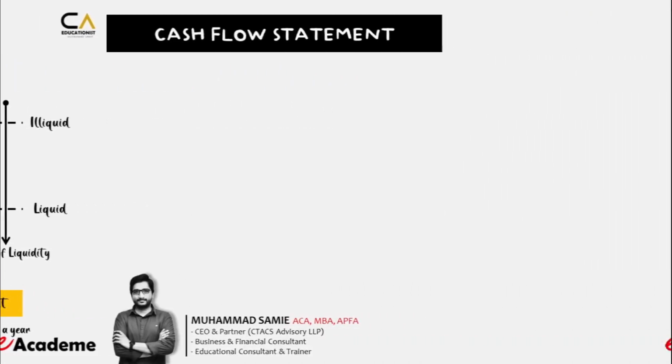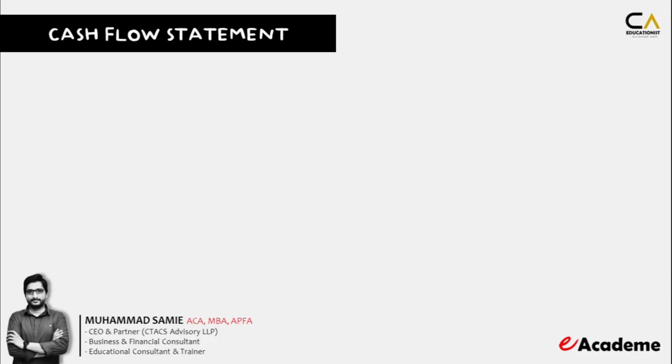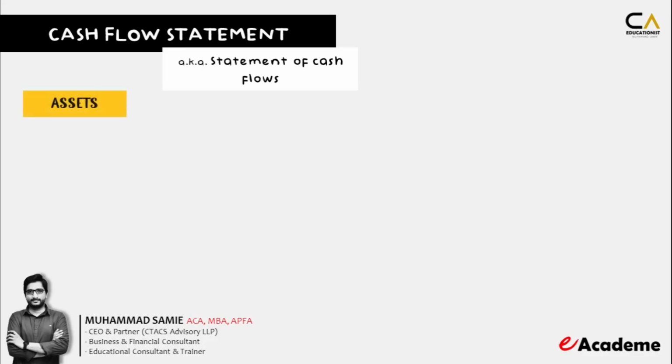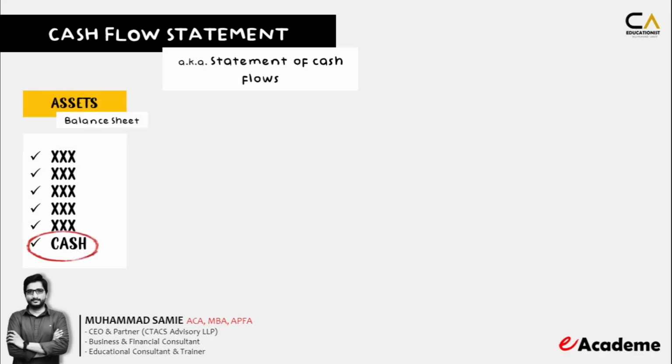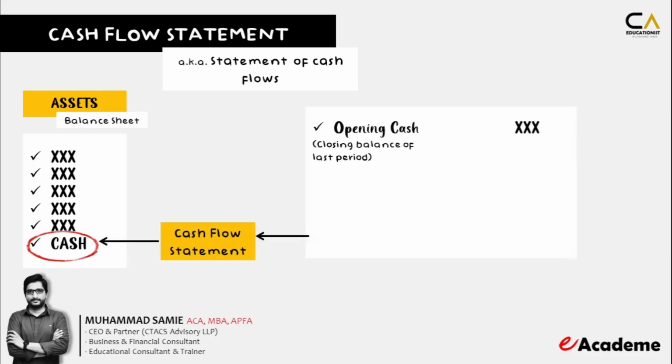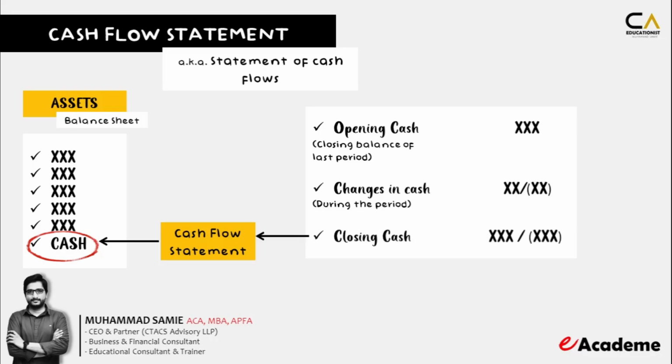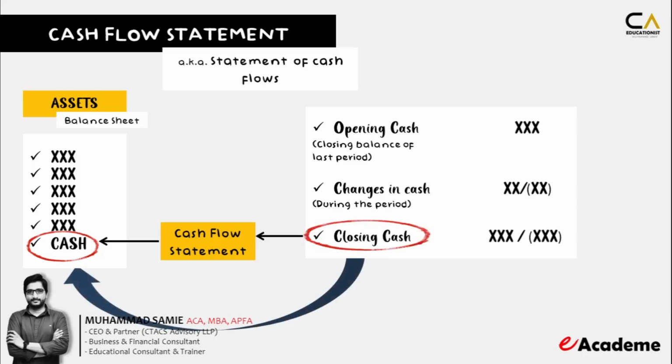Cash flow statement. Cash flow statement is also known as the statement of cash flows. The balances of cash at bank and cash in hand as reported in balance sheet are computed from this statement. This statement simply takes the closing cash balance from the previous period, also known as the opening balance, incorporates the changes in cash during the current period and computes updated closing balance of cash to be reported in balance sheet.